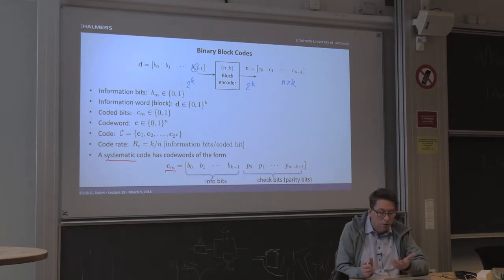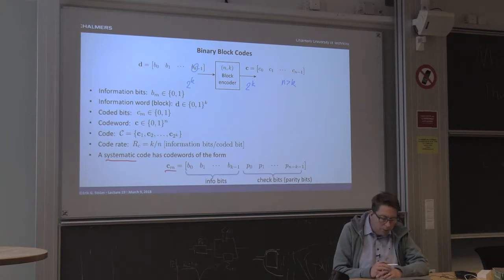There are many reasons why we use systematic codes, but the prime reason is that it's very easy to go from code word to information word. We simply take out the first k bits of the code word, and then we have the information bits. Otherwise, if we had some generic function going from D to C, that might be difficult to invert. But for systematic codes, it's very, very simple.